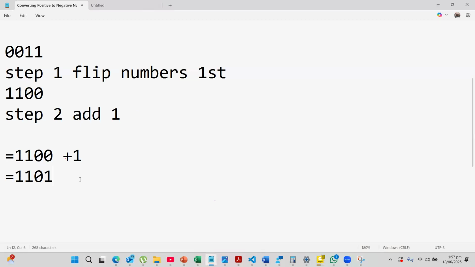That means that 0, 0, 1, 1, sorry, which is 3, is going to be equal to 1, 1, 0, 1, which is minus what? 3.